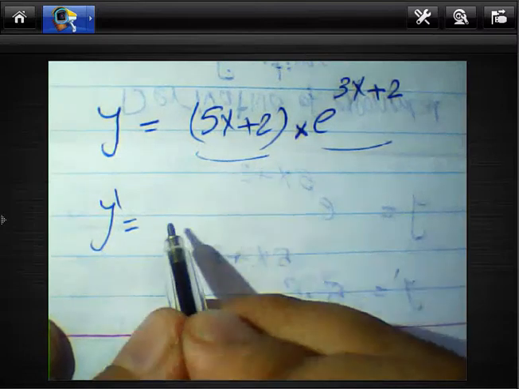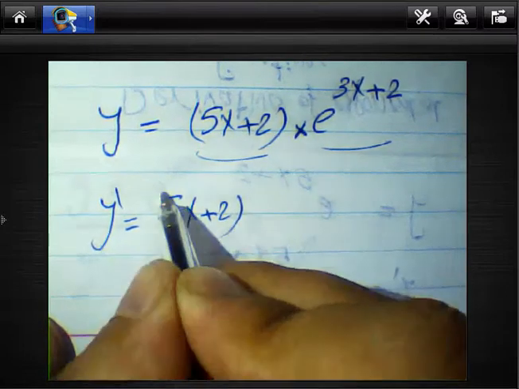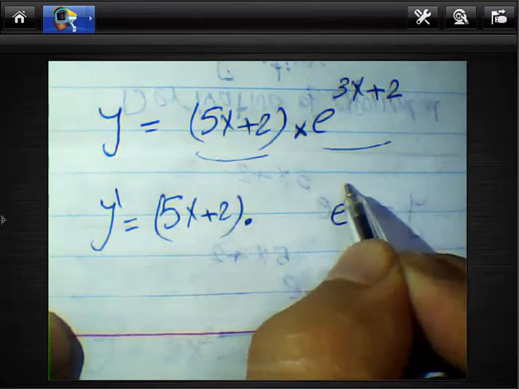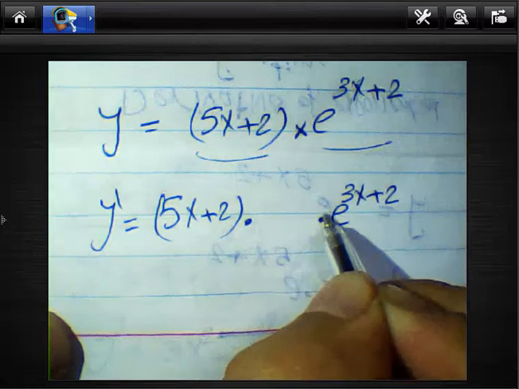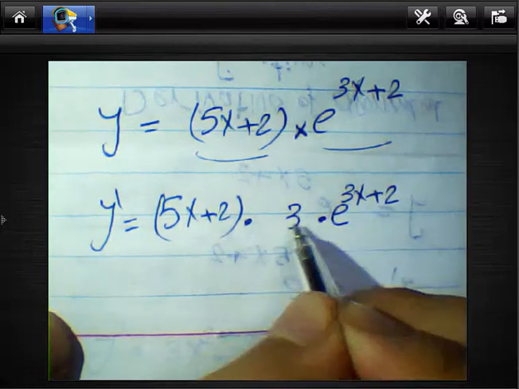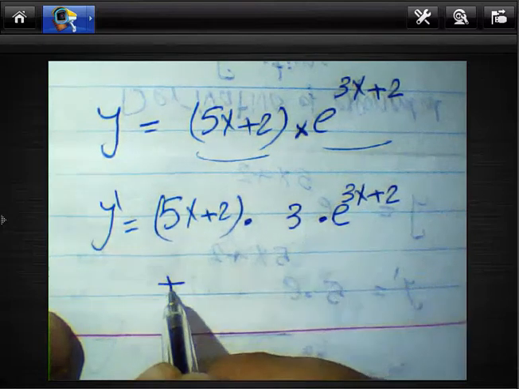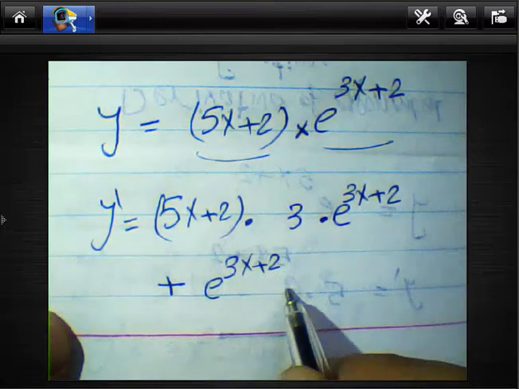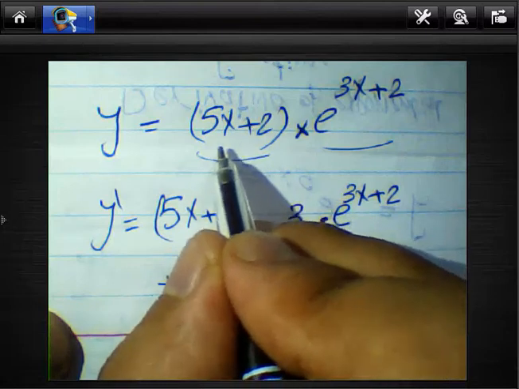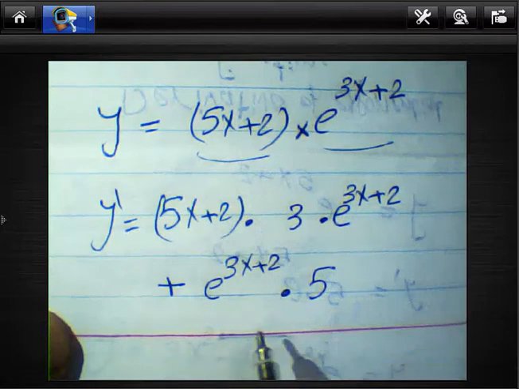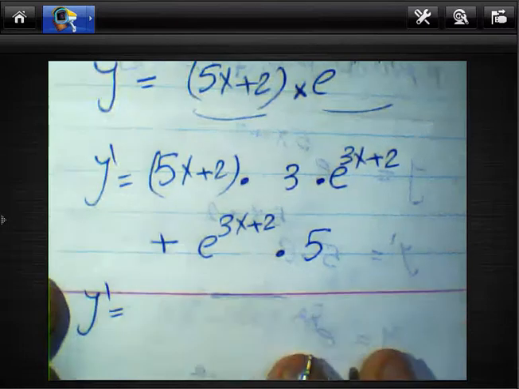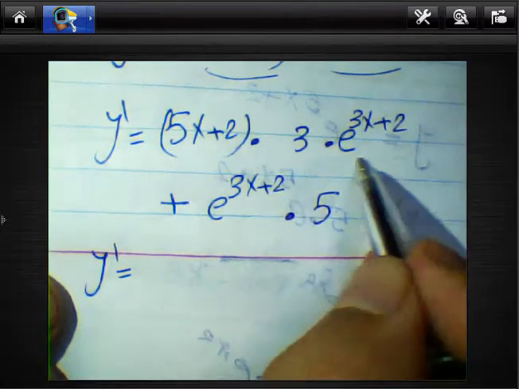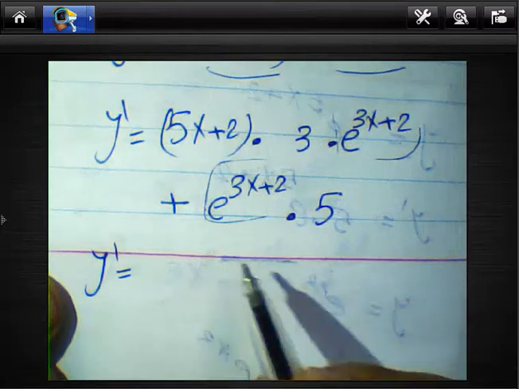We must write the first, 5x plus 2, multiplied by the derivative of the second, which will be e power 3x plus 2 multiplied by the derivative of this power, which will be 3, plus we write the second here, e power 3x plus 2, multiplied by the derivative of the first, which will be 5.